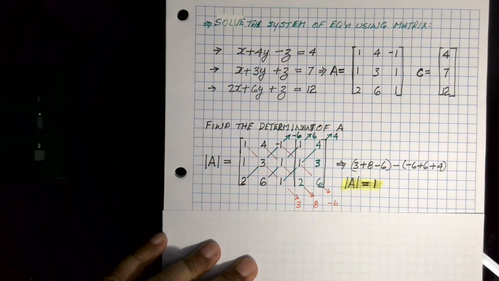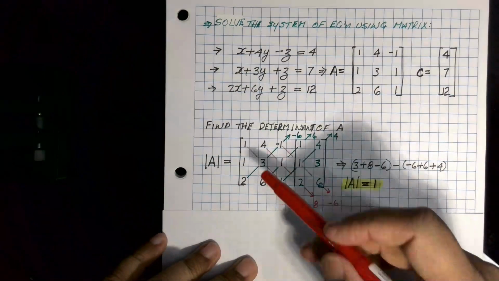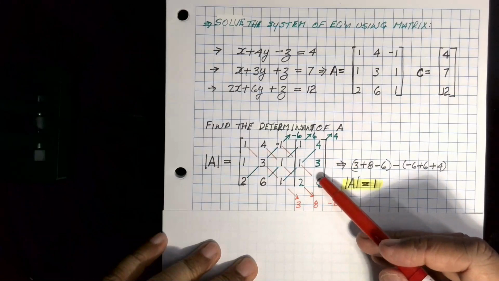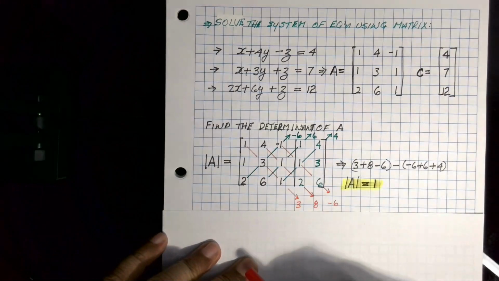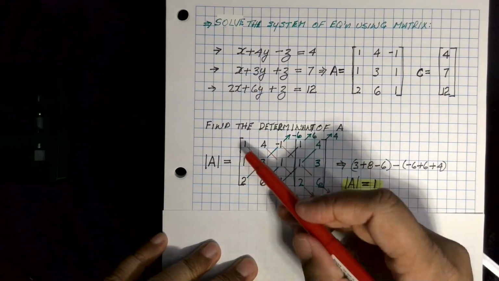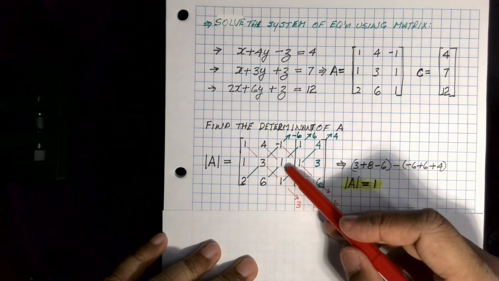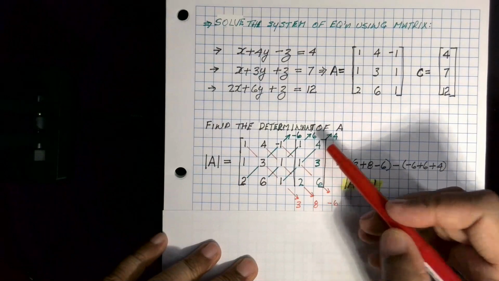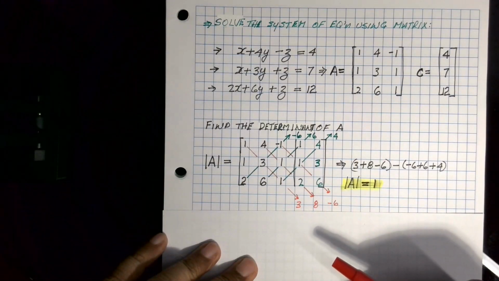The reason why I want to do this is because I need a full diagonal, 3 numbers, and when I repeat these 2, I will get those 3 numbers, right? Going this way in red is the principal diagonal, going that way is called the off diagonal, or the secondary diagonal.